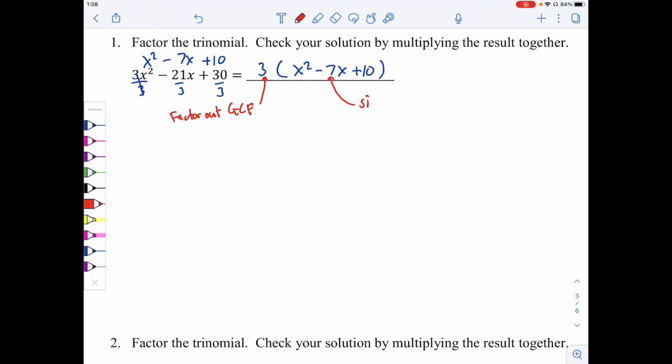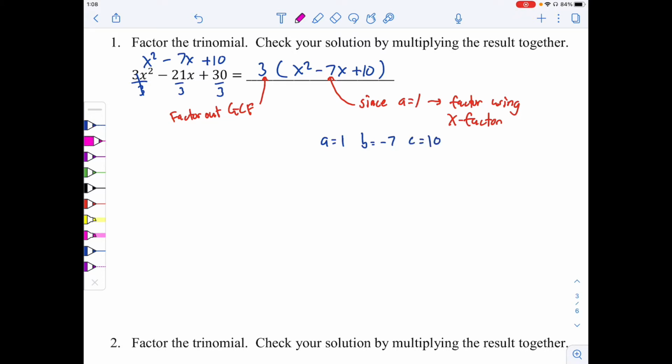Since a is equal to 1, our x squared is just 1x squared. Factor using the x factor. So we're going to factor the remaining. If we factor this one, a is 1, b is negative 7, c is 10.